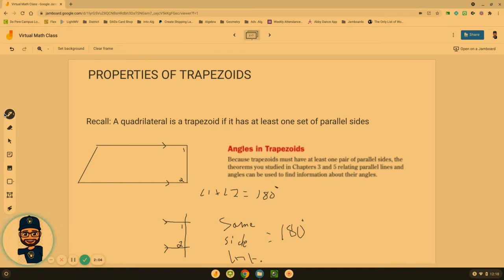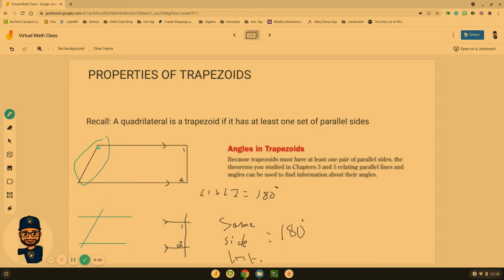Well, the same exact property applies to these two over here. Here's the same parallel line, but now it's being cut by a diagonal, more of a slanted transversal.